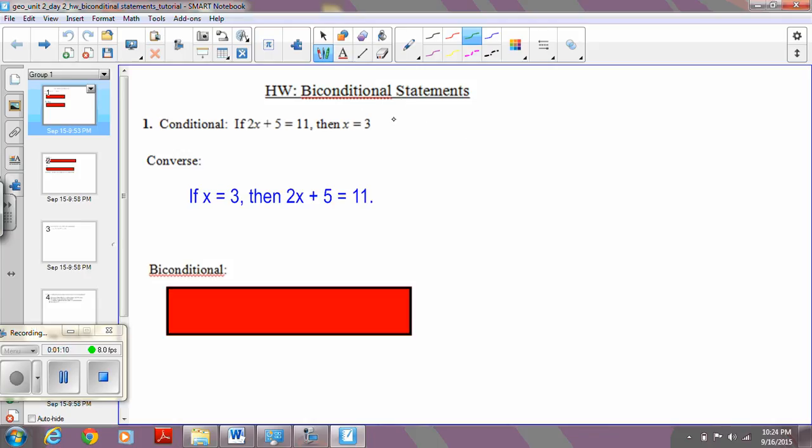So yes, that's a true statement. Now the converse. If x equals 3, then 2x plus 5 equals 11. Again, that's still true because 2 times 3 would be 6, plus 5 is still 11.